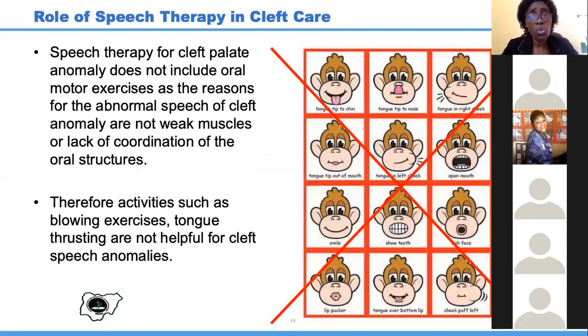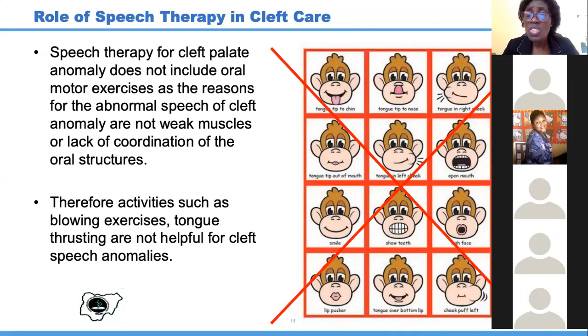We would need to note that speech therapy for cleft palate anomaly does not include oral motor exercises. Mainly because the reason why individuals with cleft anomaly speak the way they speak, if they have a straightforward cleft palate anomaly and not maybe a syndrome associated, is not because of a muscular weakness or neuronal deficits.